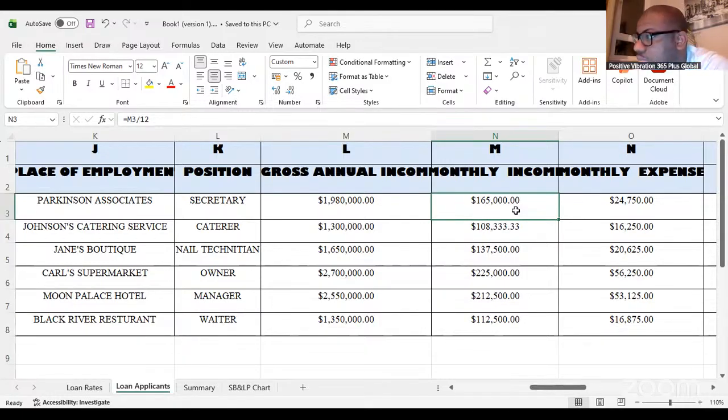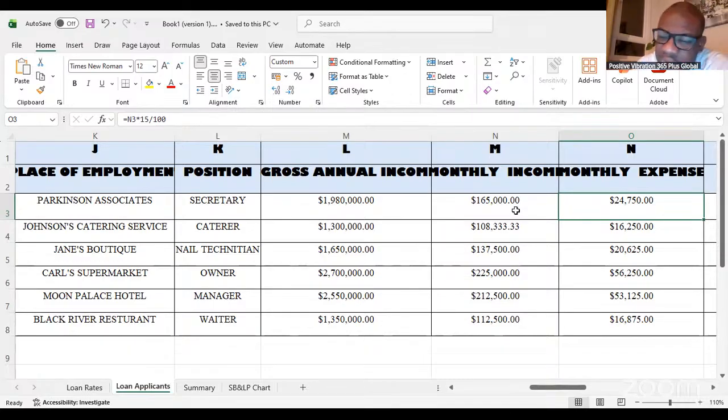The formula is good there. The next thing they ask you to do is the monthly expenses. It says calculate using 15% of the monthly income. That would be 15 divided by 100 times the monthly income, for persons with less than.